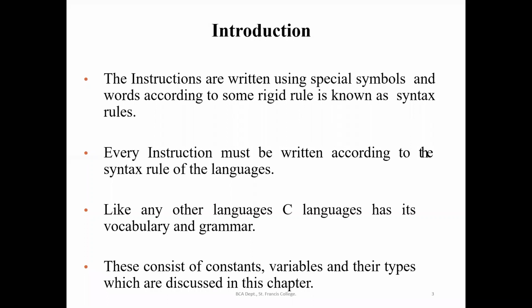The C compiler will know that if I give main, that is main. If I give int, that is an integer variable data type. So each and every keyword, constant and variable declared in a program will be understood by the compiler of that particular language.